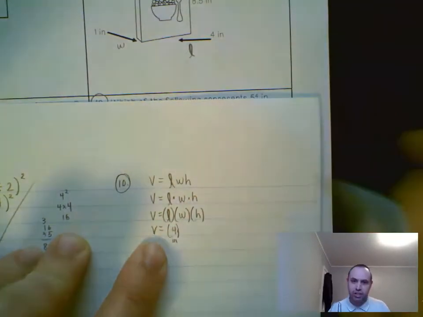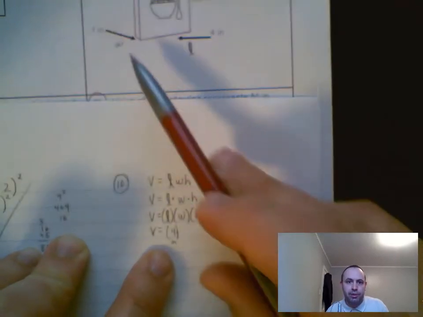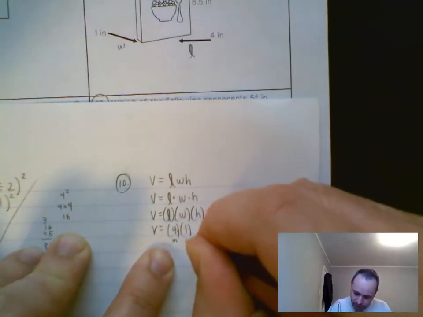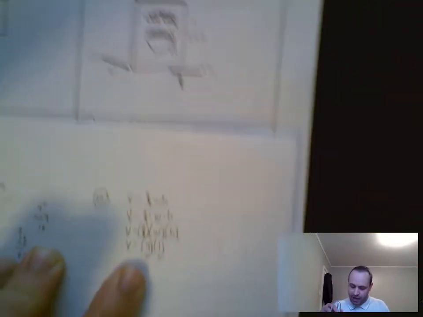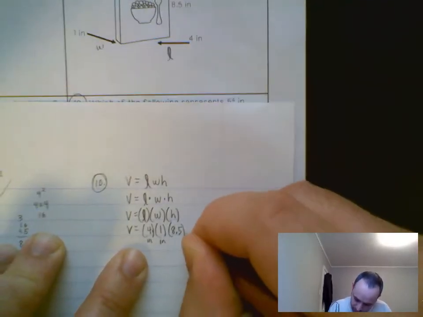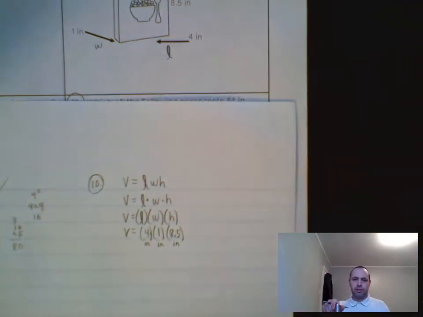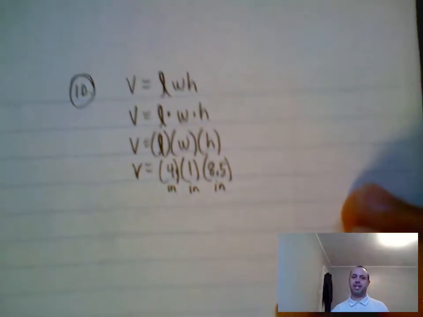That's 4 inches times W. I put the W as 1, so that's 1 inch. And then my height, you can see up there, is 8.5 inches. Okay, so I have 4 times 1 times 8.5.